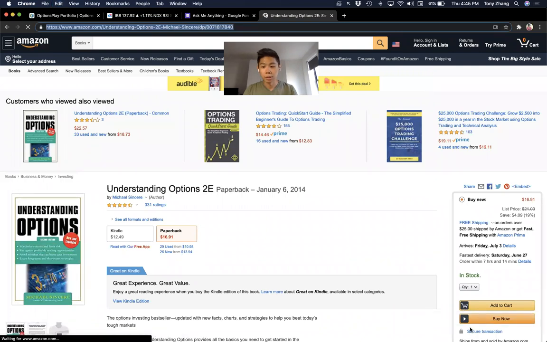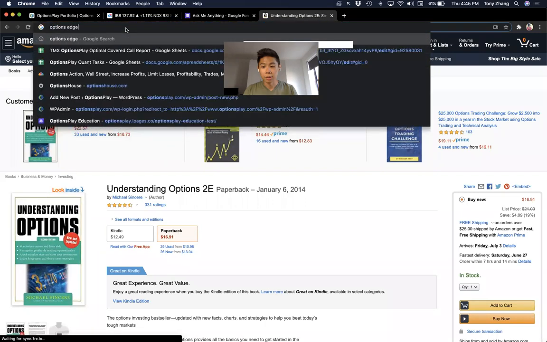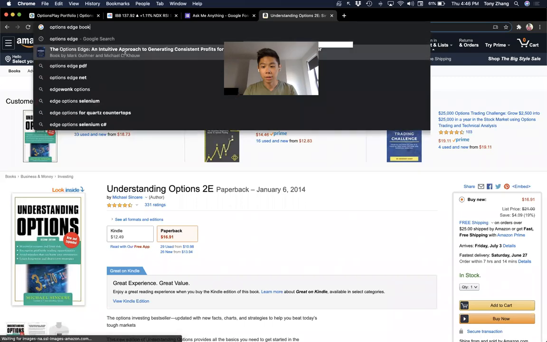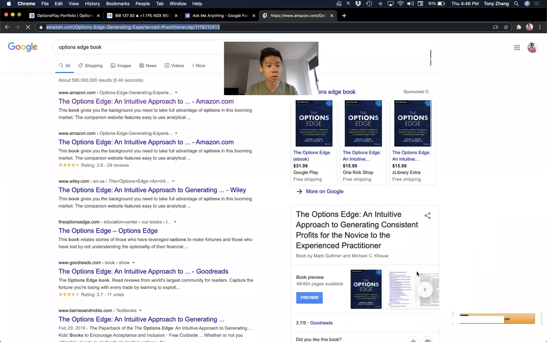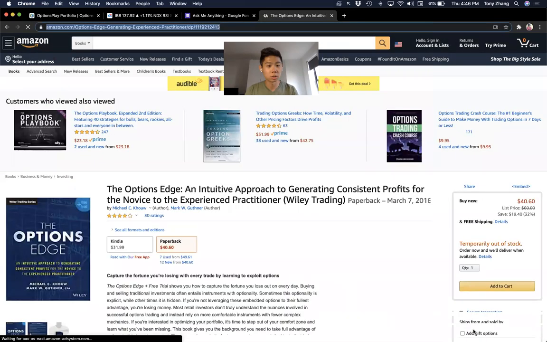I think it's a great book for those of you that are beginners to take a look. And then Michael Khouw's Options Edge is also another one that I think, for those of you that are a little bit more inclined to take a deeper dive into options education, is a great book. But again, a little bit more advanced for those of you that are interested in taking a look at books on options trading.